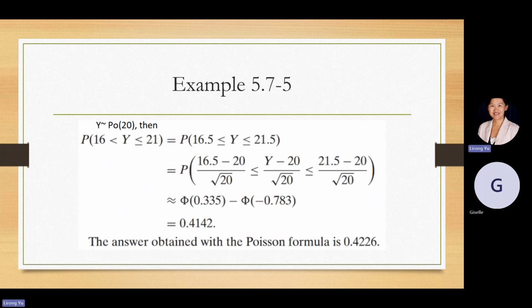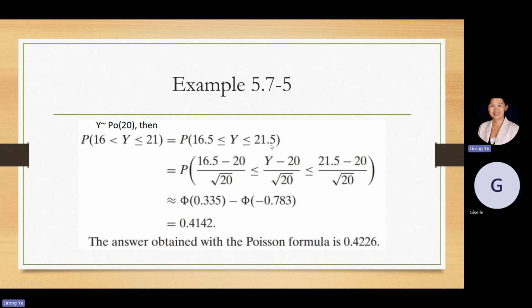For example, in this question you get a Poisson distribution with mean 20. You want to calculate the probability that y, which is Poisson, is between 16 and 21. What you can do is apply a correction of continuity. In a continuous distribution, you want to include the probabilities of 16, 17, 18, 19, 20, and 21. So in order to include all that, we create the boundaries of 15.5 and 21.5.